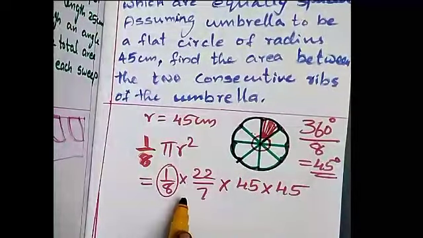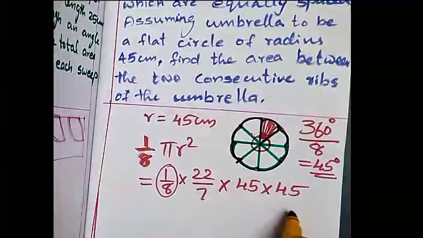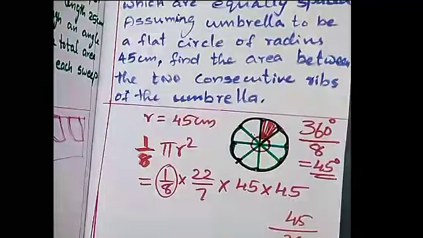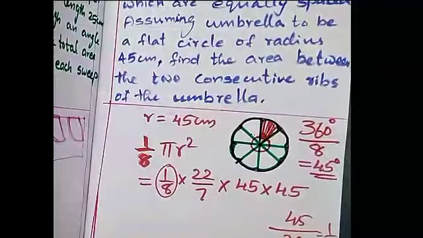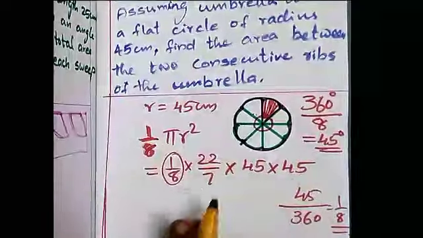In the formula we take theta by 360, which means 45 by 360, and again you are getting 1 by 8. Understand? Now we have to calculate this.